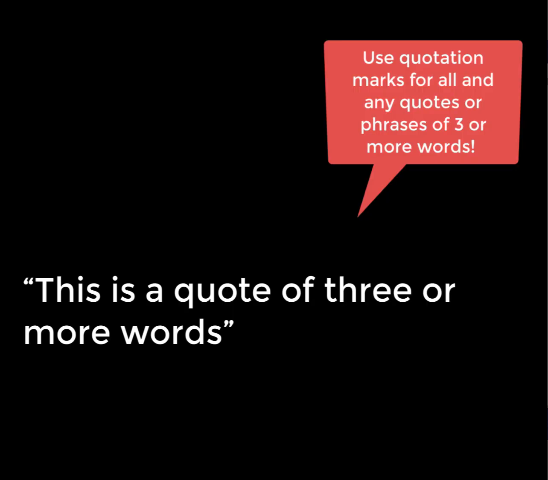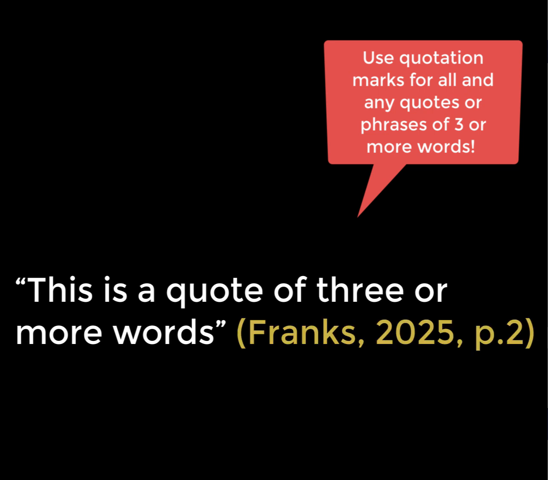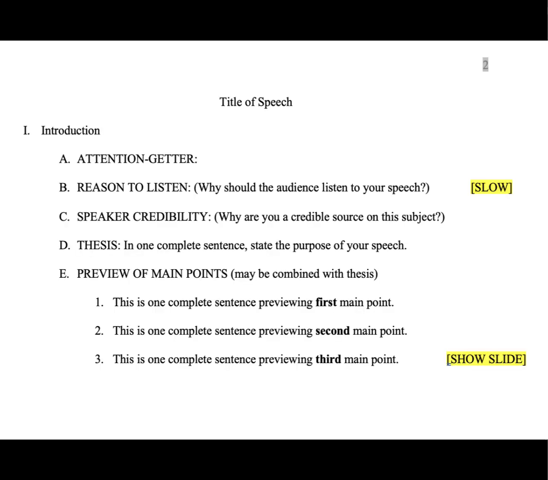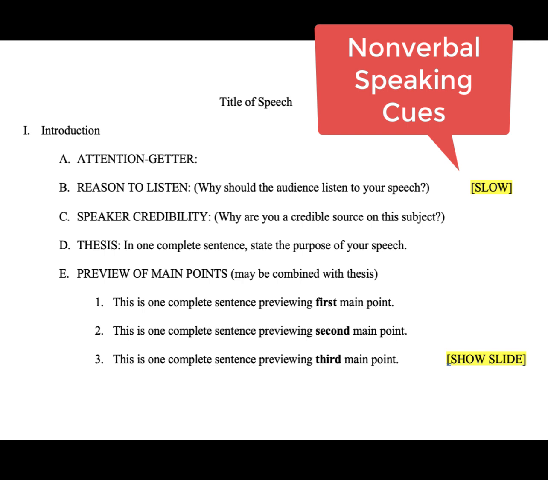Use quotation marks for all and any quotes or phrases of 3 or more words to avoid plagiarism, followed by an in-text citation with all other necessary accompanying information. A reference page is required in addition and provides audiences the opportunity to seek related research and materials the presenter gave.